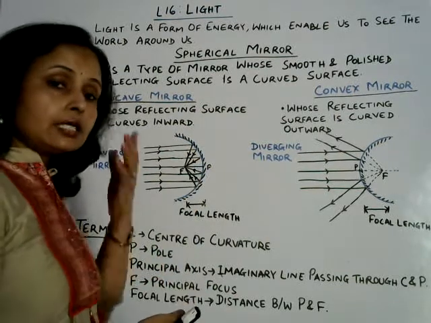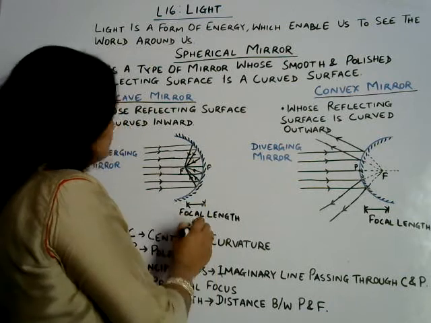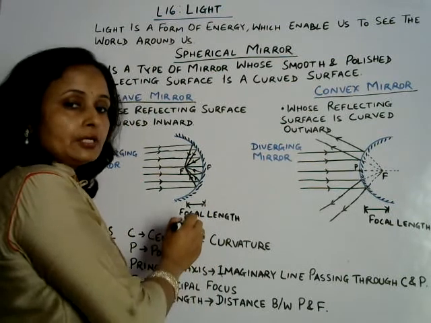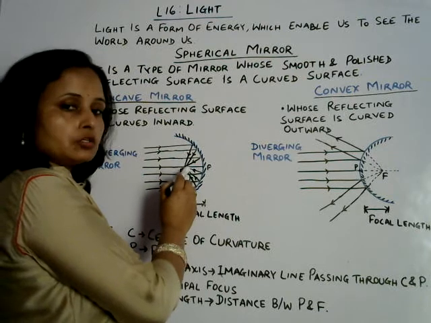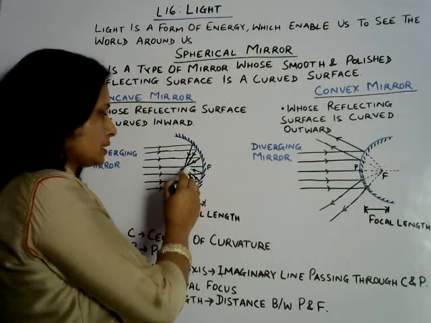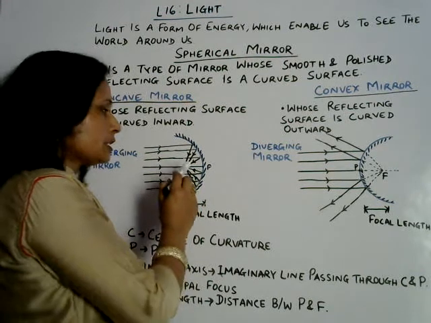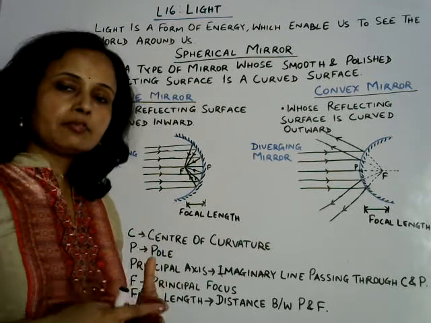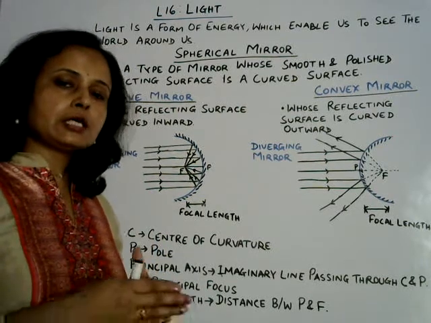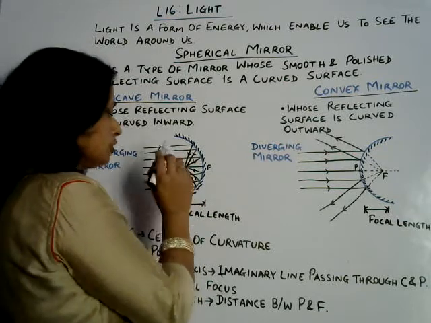If we take the example of a concave mirror, then those reflected rays meet at a point on the principal axis. That point is called principal focus. So in a concave mirror, the point where all the reflected rays meet on the principal axis is called focus.